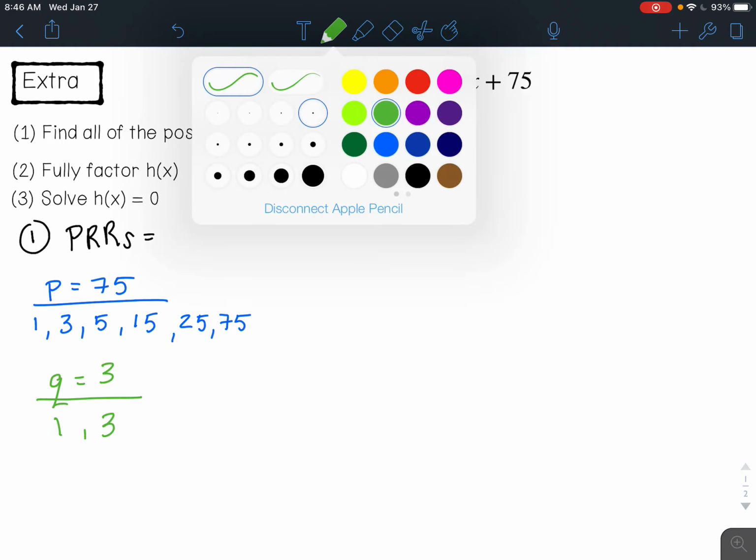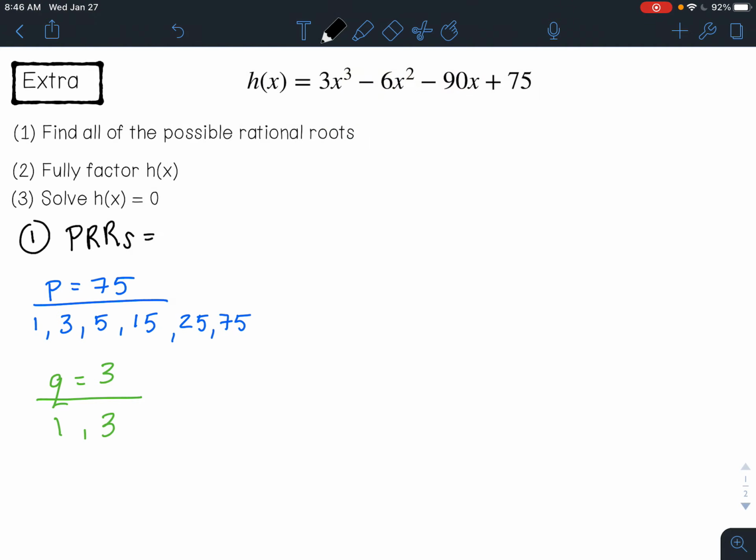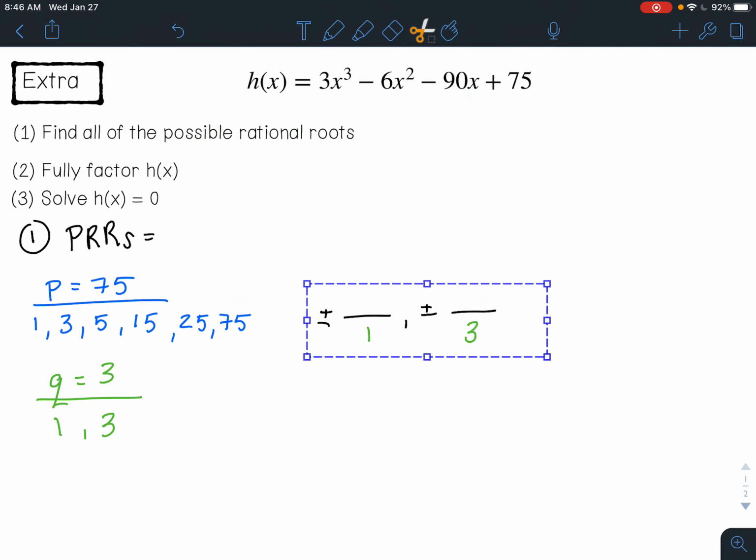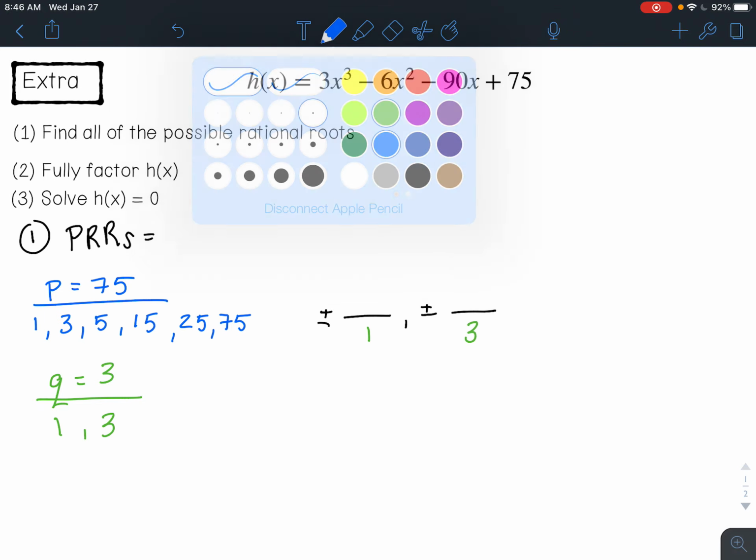So for my possible rational roots, I like to do all of my p's over each q, so I like to do them one at a time. There are 2 q values, so I'm just going to set these up. I know the denominators of all of my fractions are either going to be a 1 or a 3. I'm going to cheat and copy and paste.